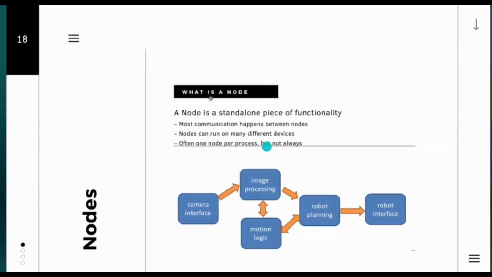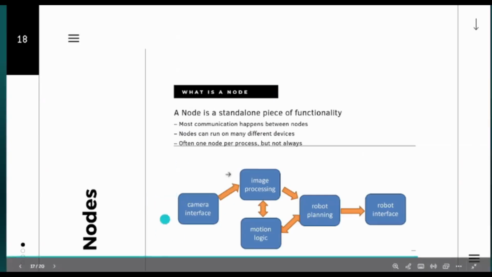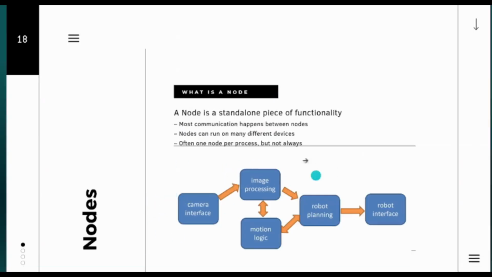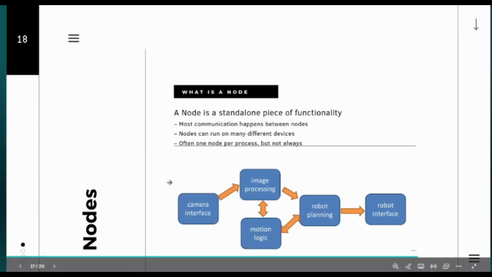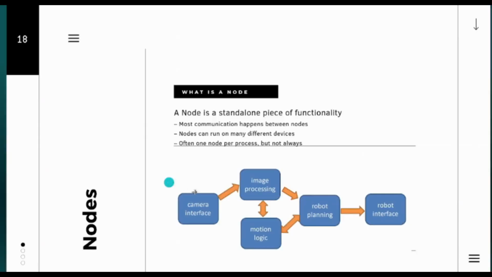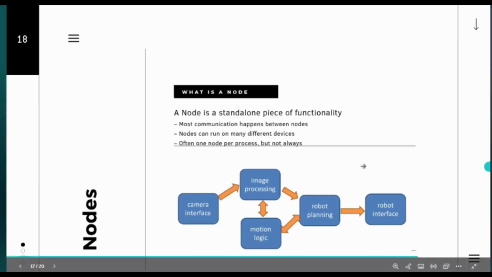After running the code, you can create a node, and those nodes communicate with each other. In this communication, you can use topics. Basically, these nodes create the topics and publish information into those topics.